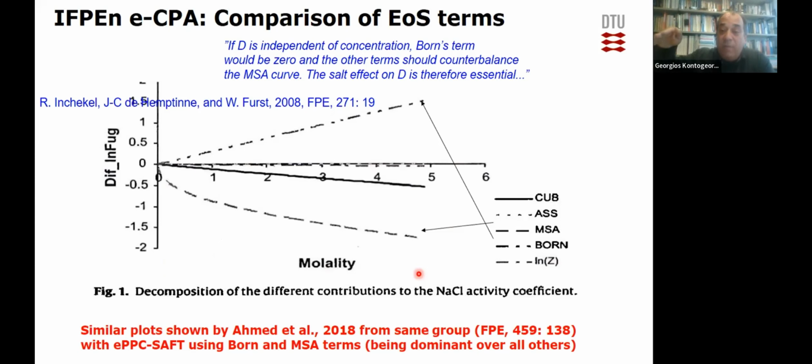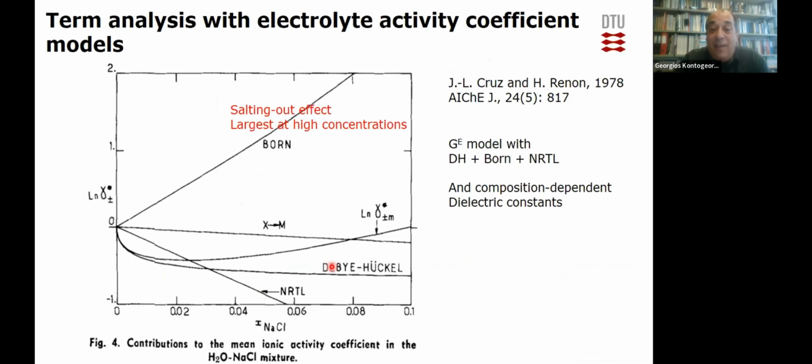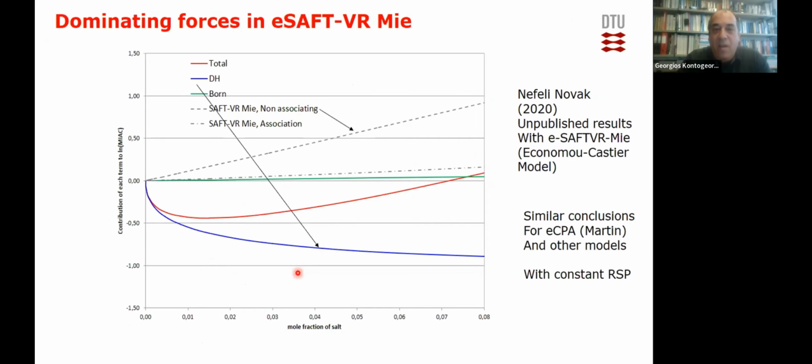It goes down, the Born term goes up. This is from a work of John Prausnitz back in 1991. The Born term goes up, the Debye-Hückel goes down. Not a very good scan, but at least you can see, I believe, the two trends. This is from electrolyte NRTL. Again, the Born and the Debye-Hückel are here.